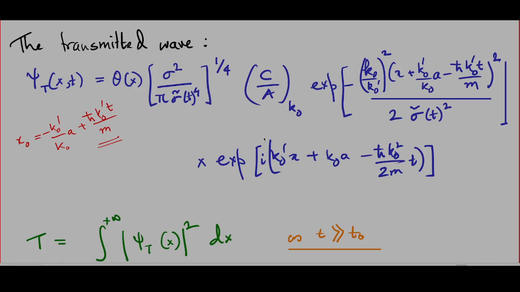Its mod square will involve multiplying this quantity by its conjugate. So you will have the same kind of thing, e to the power minus exactly the same thing, except that in the denominator you will have sigma tilde t star square, the conjugate of sigma tilde t square, and when you take that into account, this is what you end up with.